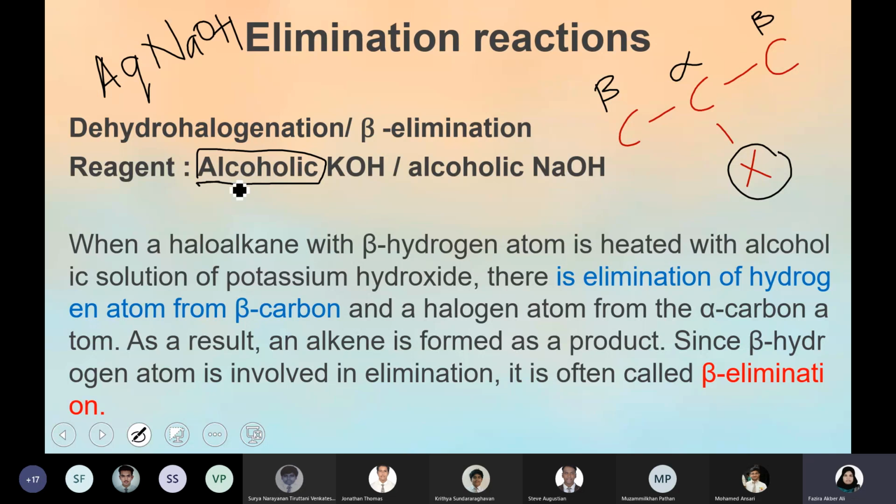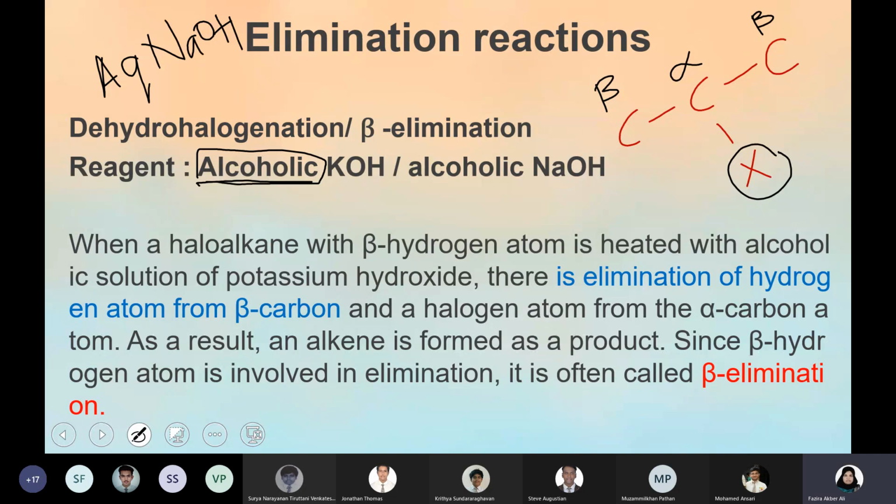But if you use alcoholic KOH, the reaction will follow elimination, that is beta elimination, and what you get is an alkene. Writing alcoholic is very important for an elimination reaction. If you simply write KOH or NaOH, that's not correct, because only under alcoholic conditions do these alkalis act as elimination reagents.